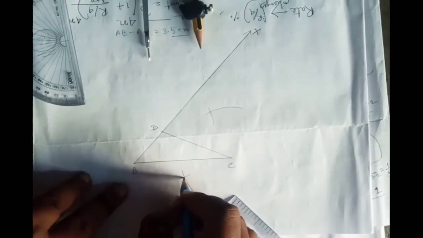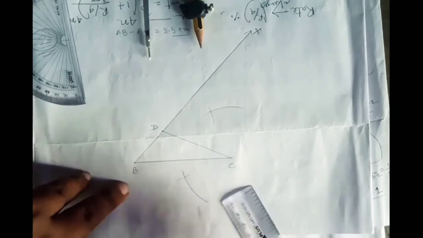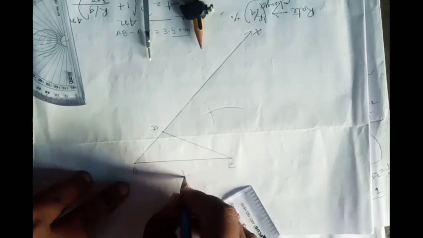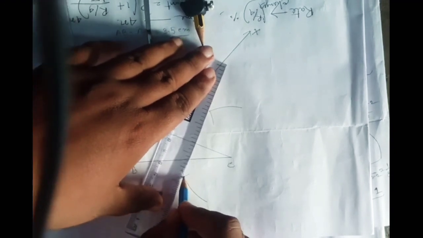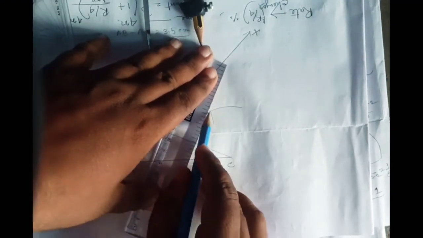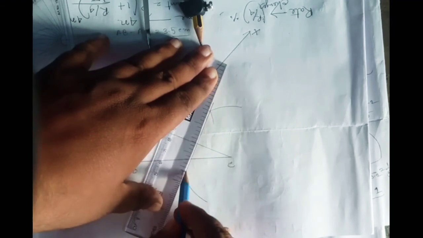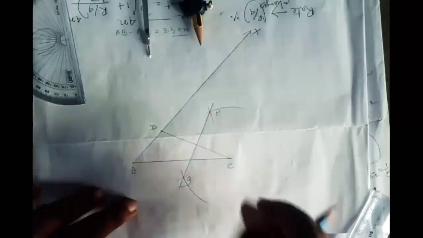This is the perpendicular bisector. Okay, and we should name it as PQ.